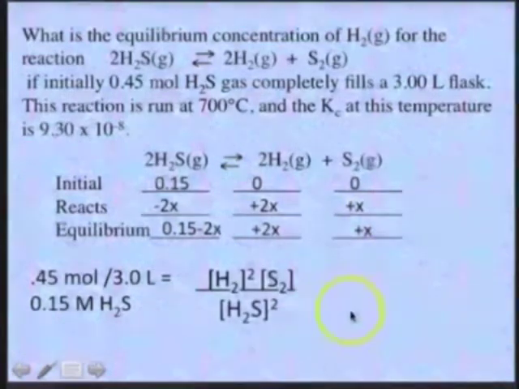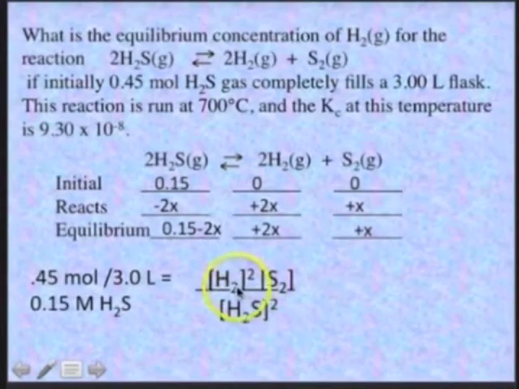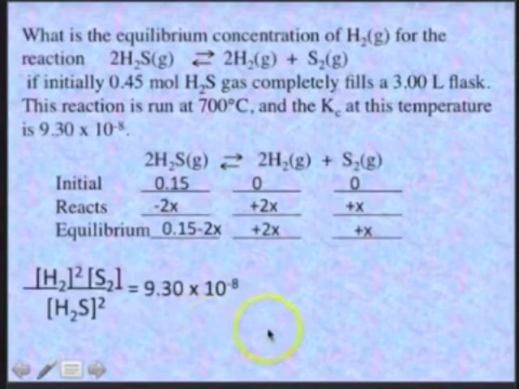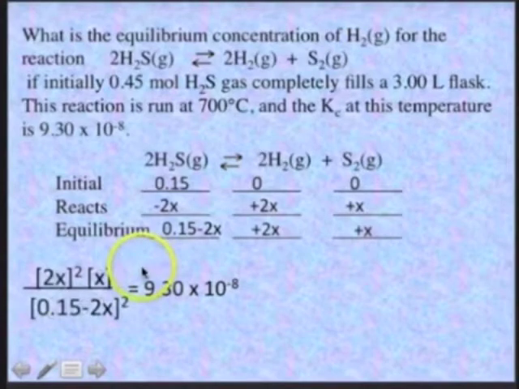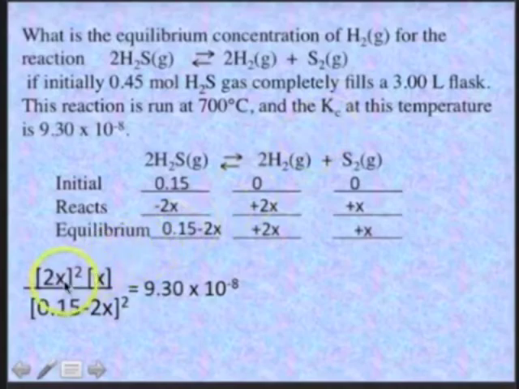Okay, so here is our mass action expression that we write. Products over reagents to the power of their coefficients, and that is going to equal the K value, 9.3 times 10 to the minus 8. And therefore we can plug in our equilibrium values now. 2X for the hydrogen, but that has to be squared.